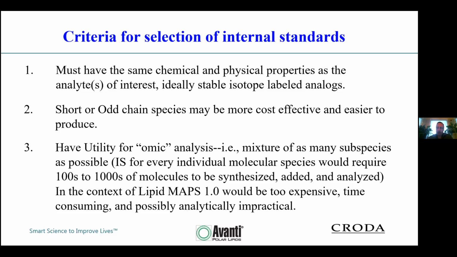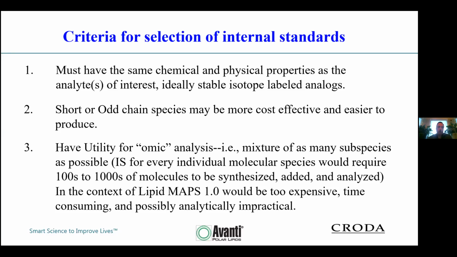However, that was not always the case early on in LipidMAPS, because, at least for the sphingolipids we chose, the route we chose was either short or odd chain species because they were more cost effective and easier to produce, right?